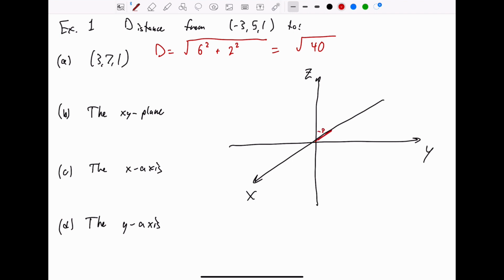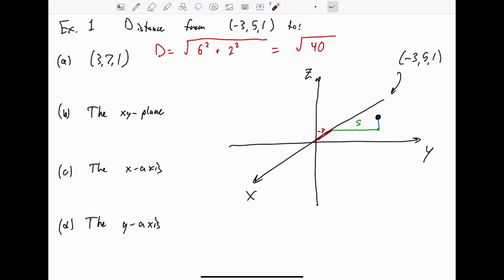So here's -3. We move a distance of 5 in the y direction. So there's a distance of 5. And then we move a distance up 1 in the z direction. So vertically we move up 1. And we arrive at our point right here. So there's our point, -3, 5, 1.